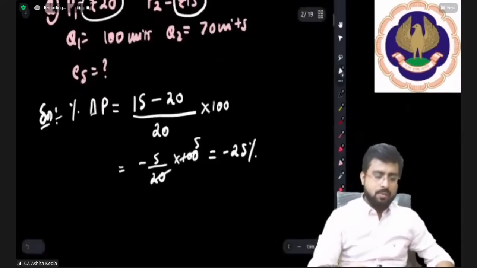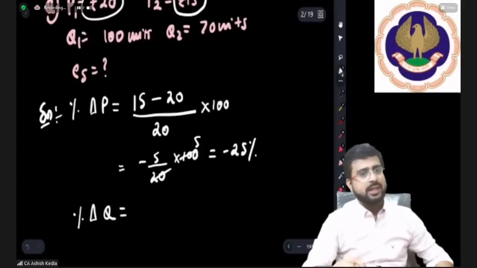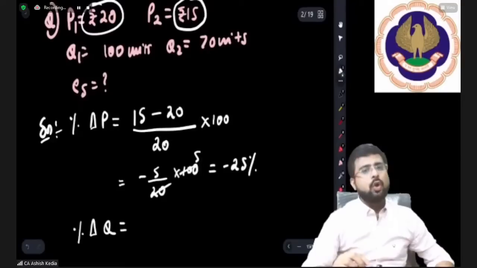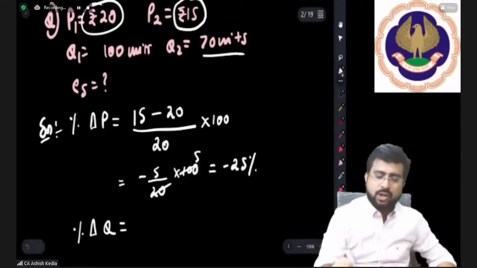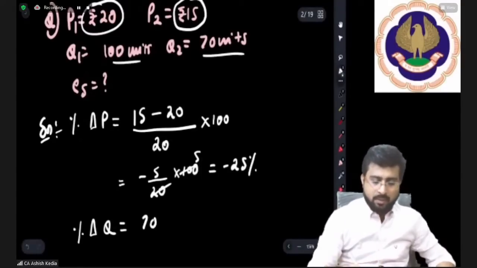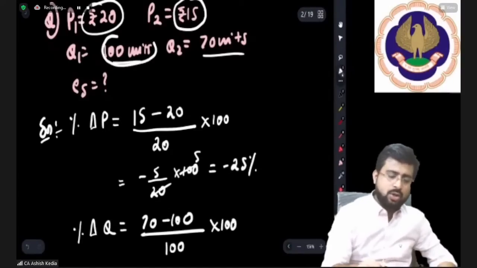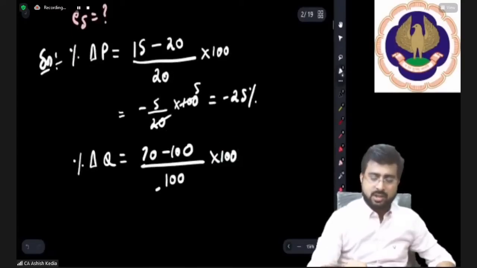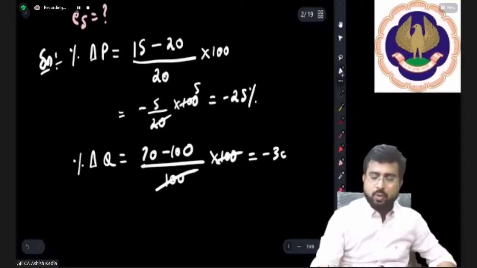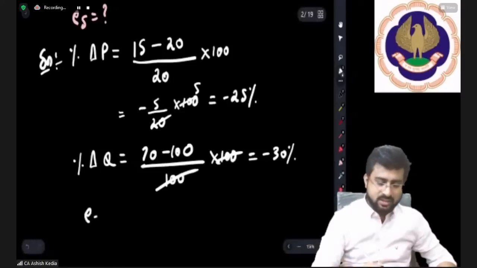Okay, moving on. If we are asked to calculate percentage change in quantity, again new quantity minus old quantity, 70 minus 100 by old quantity, that is 100, into 100. This is the old quantity and this 100 is to convert into percentage. If it is gone, it gives you minus 30%. Okay, so what is elasticity equals to?